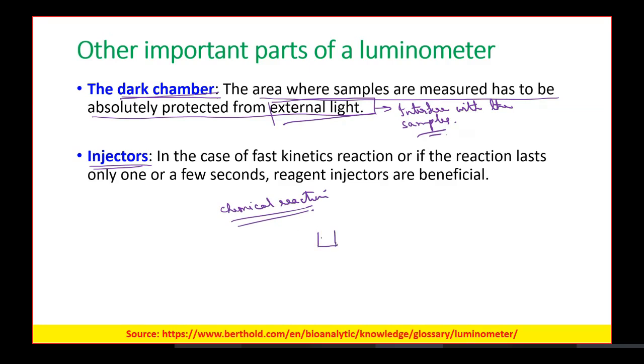In this cuvette, you have a particular solvent or a solution of A. Then you have these injectors. Through this injector, you are infusing B into the solution A. When this is happening, A and B react to form C, which will give you luminescence.